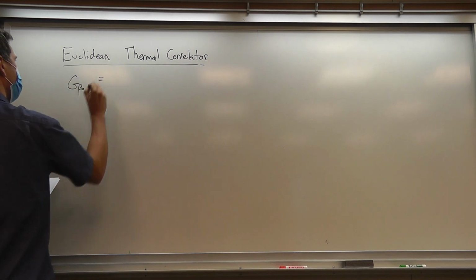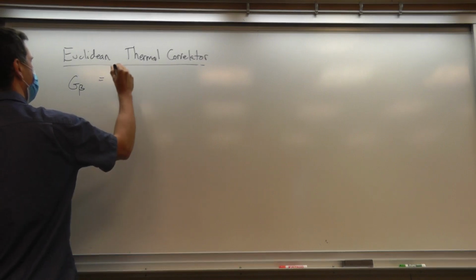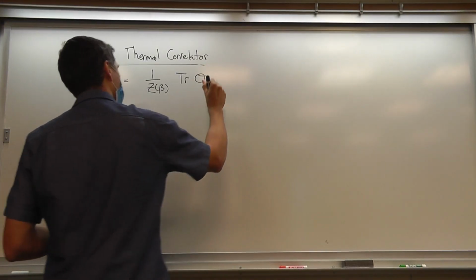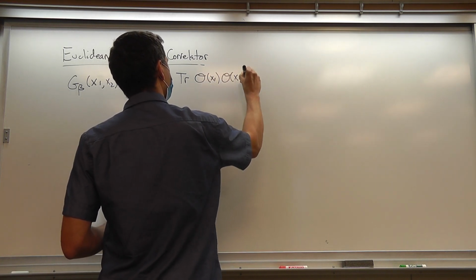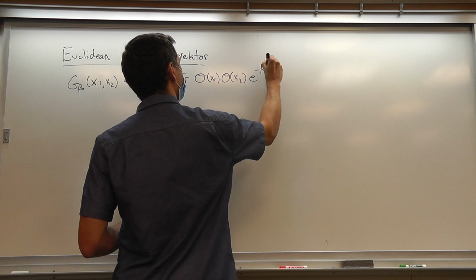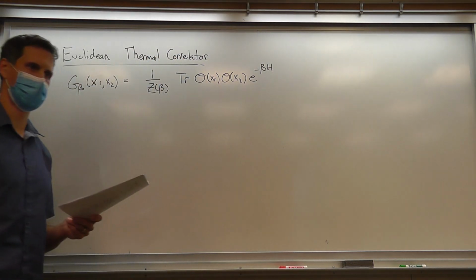So let's define G at temperature beta as a function of x1 and x2 to be 1 over Z of beta times the trace of O of x1, O of x2, e to the minus beta H, where O is some operator.